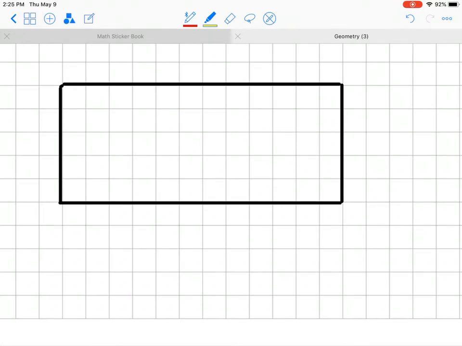All right, the first thing I want you to notice is that area deals with squares. There's 1 square, 2 squares. There's another square. So how many squares long is this shape?